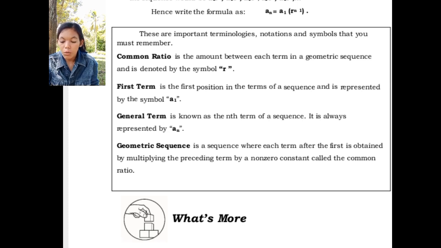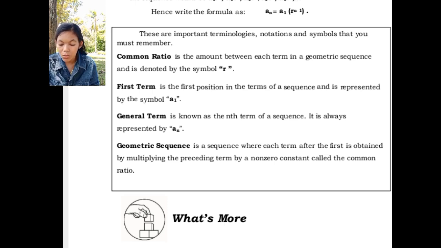Common ratio is the amount between each item in a geometric sequence. The first term is the very first, for example 1, 3, 9, 27, where 1 is the first term.